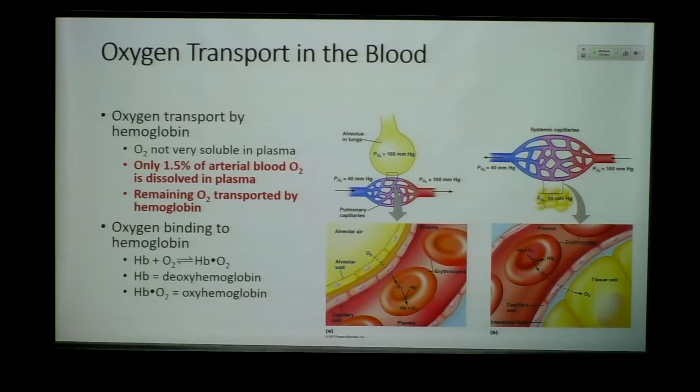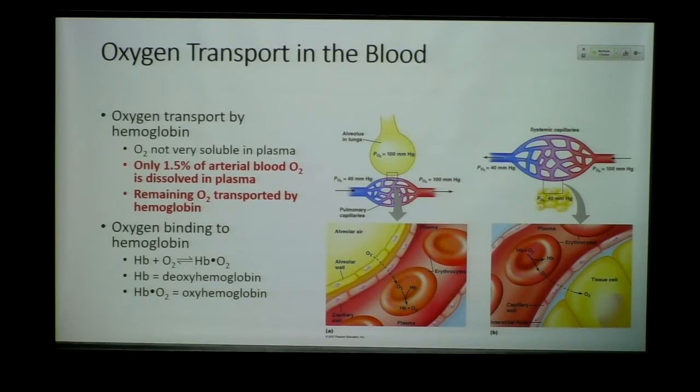It's going to move into this erythrocyte. It's going to bind onto hemoglobin, and it's going to circulate through our systemic arteries, eventually capillaries, and then eventually at the tissues. If we look more closely at what's happening at the tissue level, we can see the opposite happening, right? Oxygen dissociating off of hemoglobin, crossing the capillary bed and moving into the tissues where it's being consumed for cellular respiration.